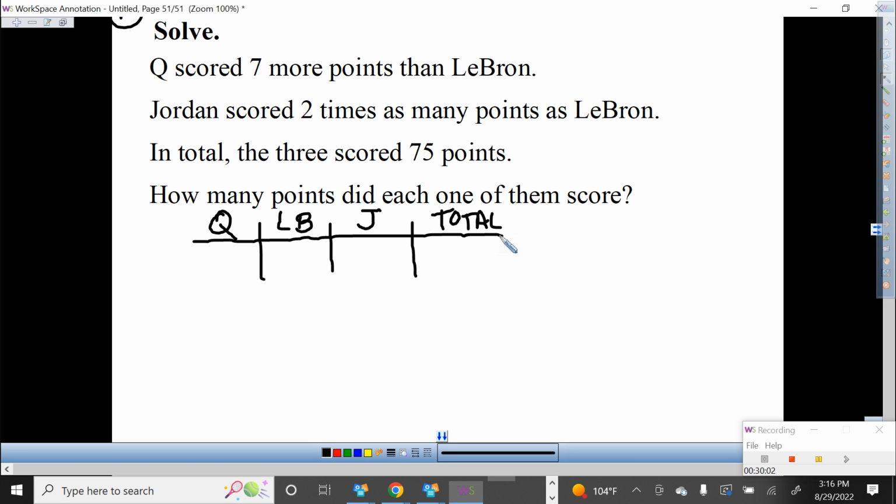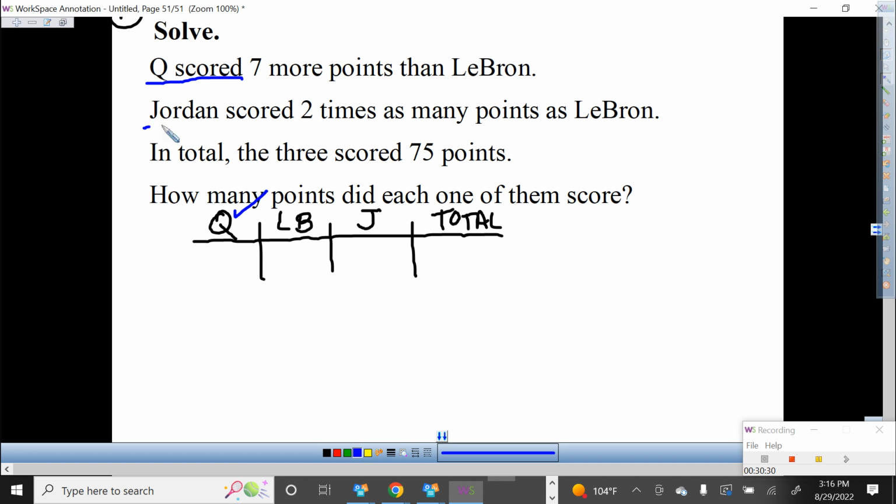All right? Now that we organized our information from the word problem, let's start translating that into symbols. Ready? Here we go. First things first, let's read it again and find out who they give us information about. Let's see. Q scored. So who scored? Q. So I put a check mark. They give me information for Q. Who else scored?